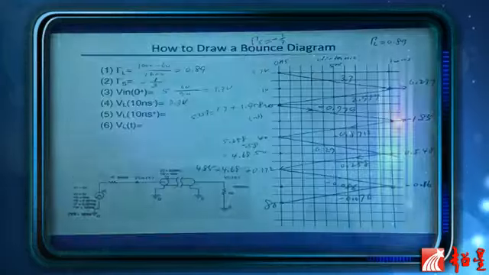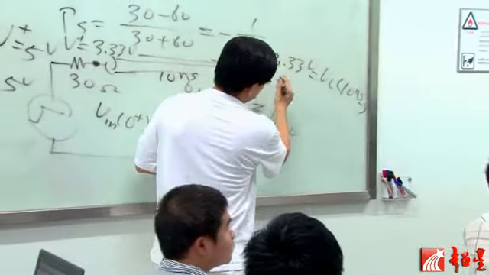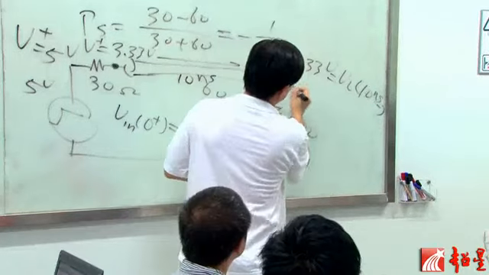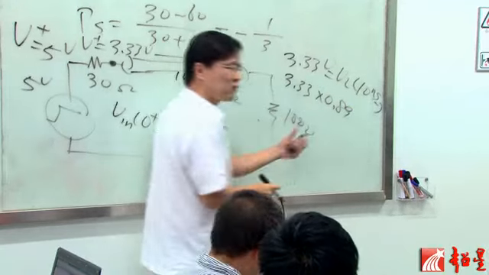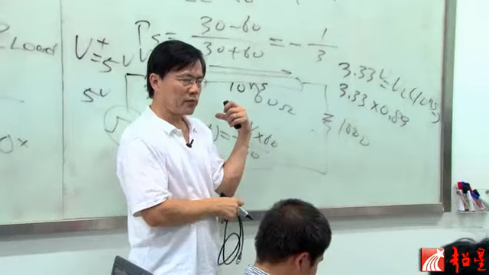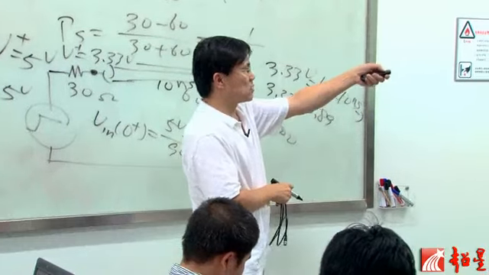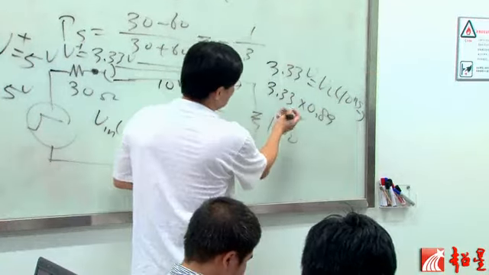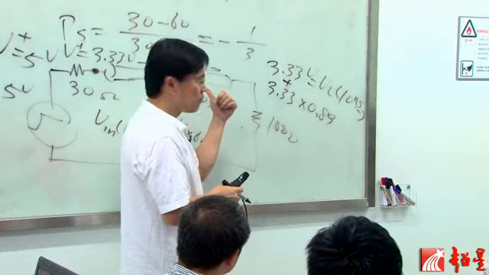So basically, of this 3.3 volts, 3.33 times 0.89 is going to be reflected. So at that point, this voltage here is going to be the sum of these two. That's going to be the next voltage.